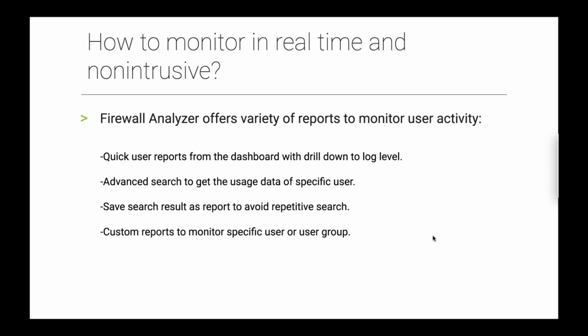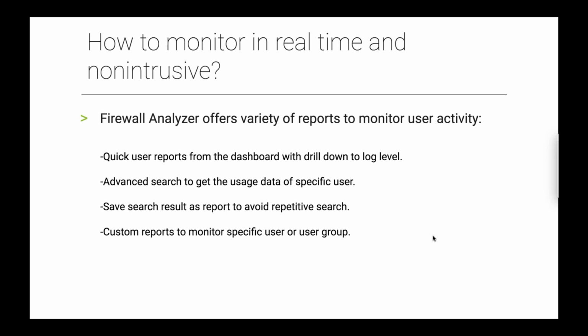So when it is actually required, when you are trying to pinpoint an activity that was done by one particular user in the past, for example, if one of the users went to a malicious website that caused a bigger attack in the environment and you are trying to find out when that activity happened by this particular user, you can do that level of raw log analysis in Firewall Analyzer and pinpoint that activity: when that happened, who did that, how that happened, what was the impact. All this information you can get from Firewall Analyzer.